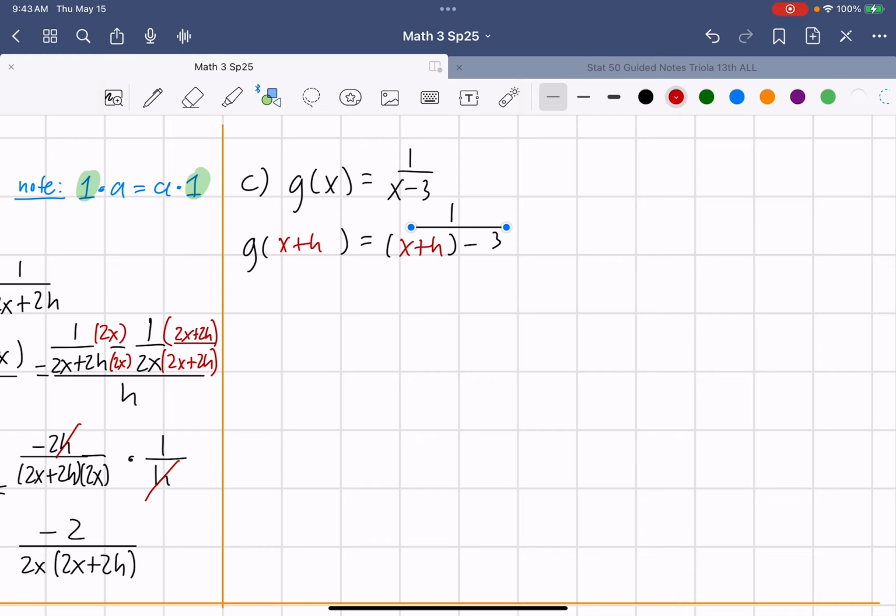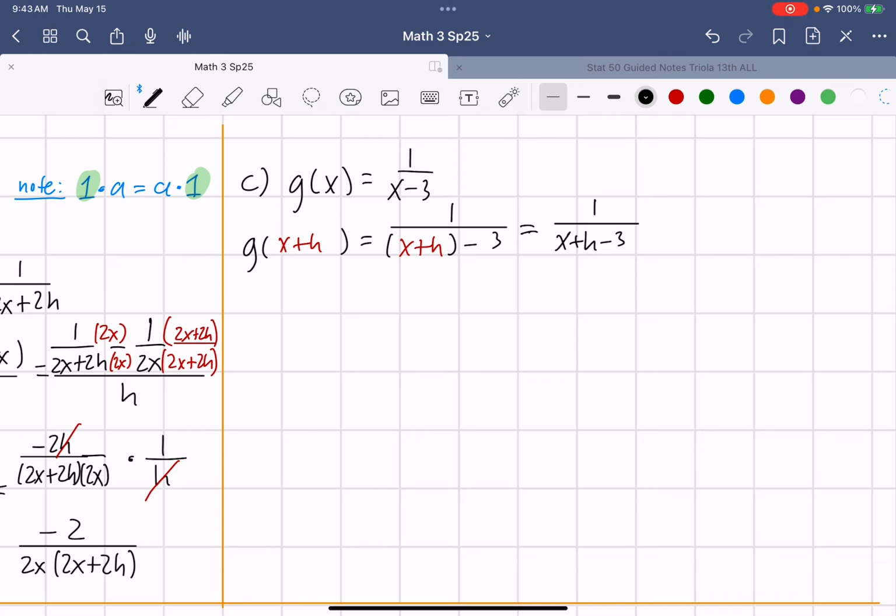No silly mistakes to make. I just have to make sure I copy everything correctly. Luckily, this one's even quicker than the last one, because there's nothing I can do with this parentheses and this minus. It's just going to be 1 over x plus h minus 3.